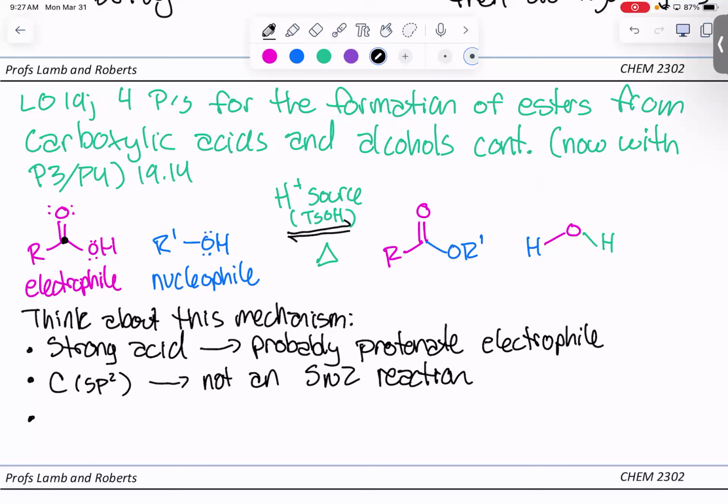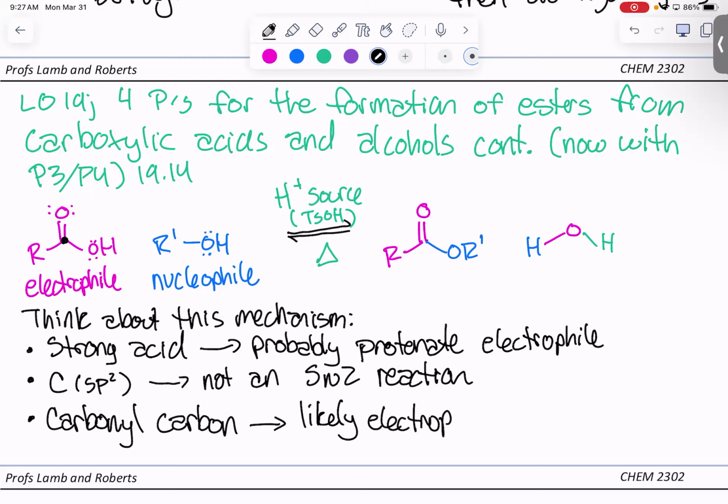But we see that the carbonyl carbon, here's our carbonyl carbon right here, we see a carbonyl carbon in an aldehyde, we see it in a ketone, we see a C double bond O in many different functional groups, including this one. And so the carbonyl carbon is likely our electrophilic site. We've seen electrophiles attack there all semester. We have a lot of options for that.